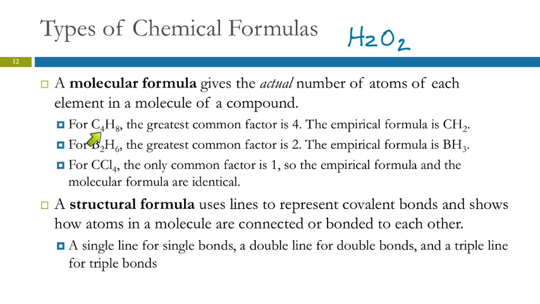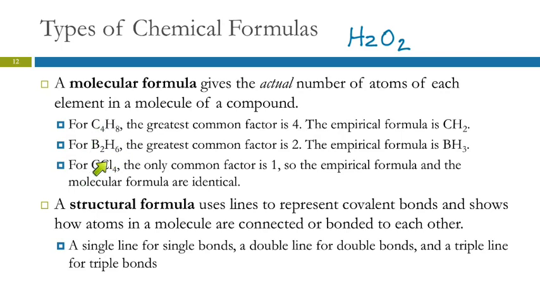From the molecular formula, we can identify what the empirical formula is. For C4H8, we can look at the ratio of 4 to 8, and those have a common factor of 4. We can divide each of them by 4, and so we can say the empirical formula is CH2. Turns out there are a lot of compounds whose empirical formula is CH2. They've got different molecular formulas.